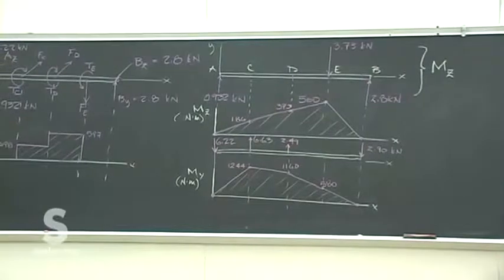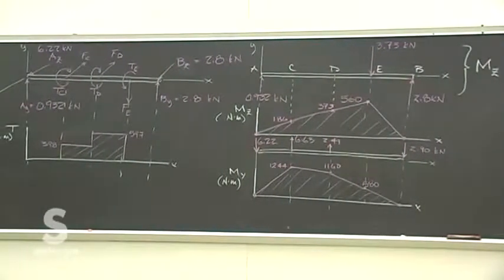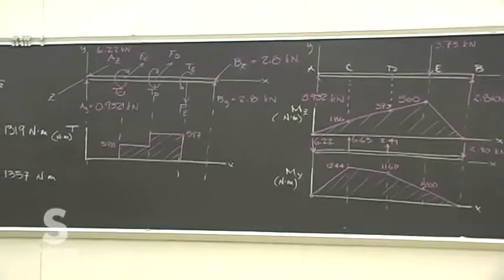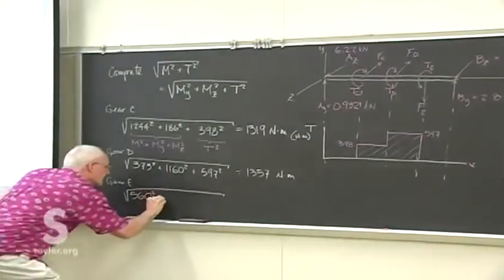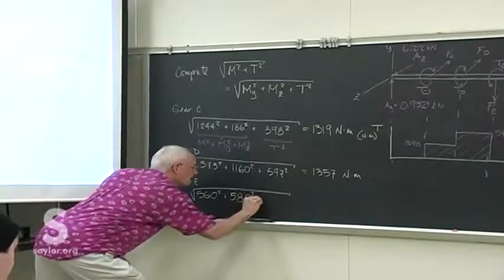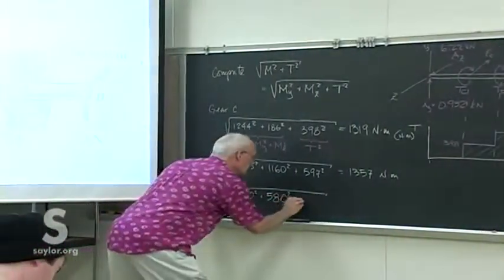So then here at E, we have a 560 and a 580, each of those squared, and then a 597 squared.